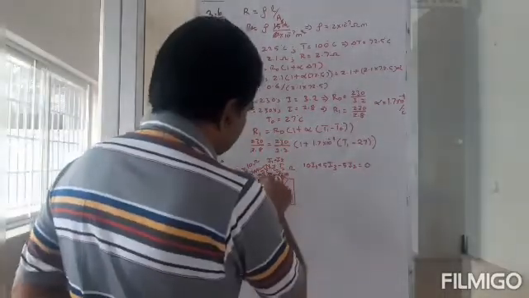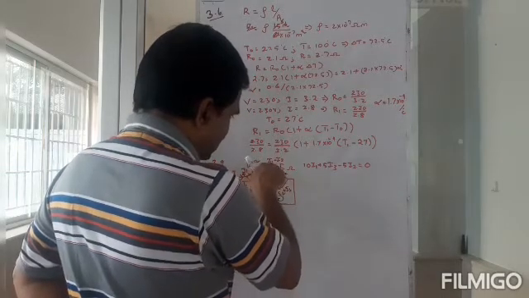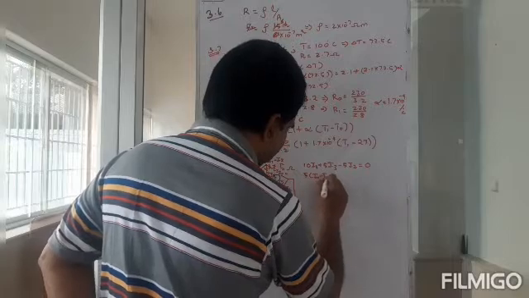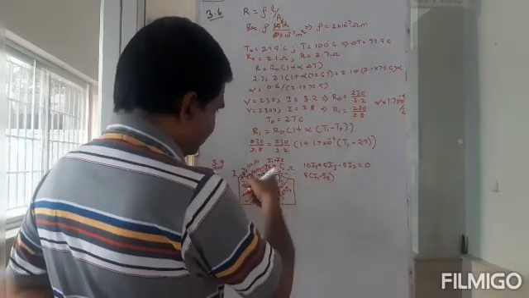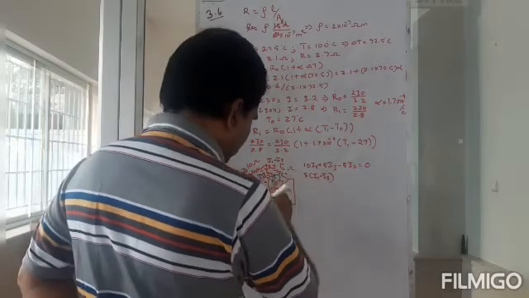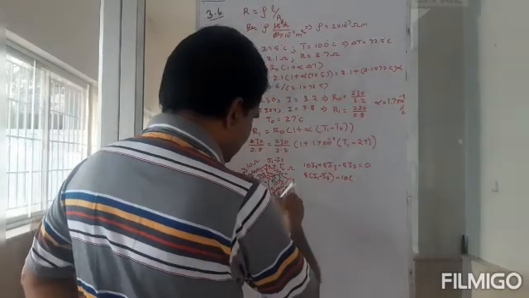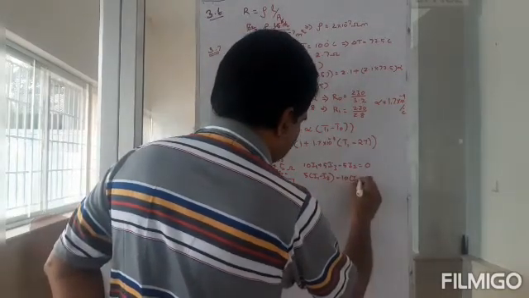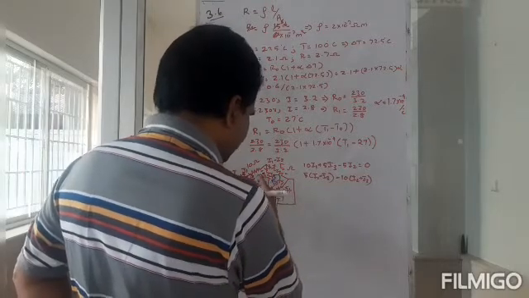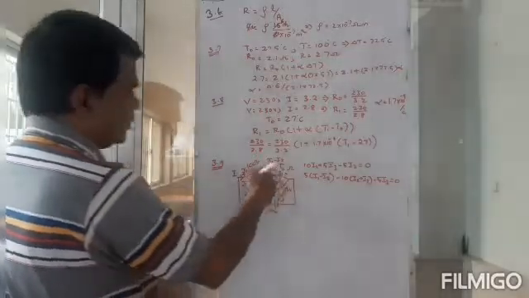Then for the second loop, I start from here and then come back to the same position. So entering plus, right? So it's 5 into I1 minus I3. Okay? And come here, entering through negative, right? So it's going to be minus 10 into I2 plus I3. And again minus 5 I3, equals 0 for this loop.